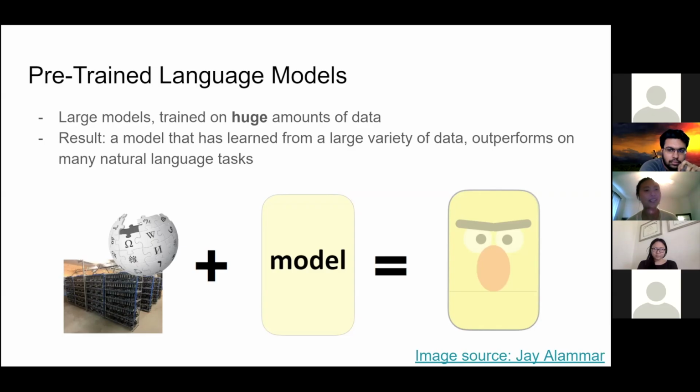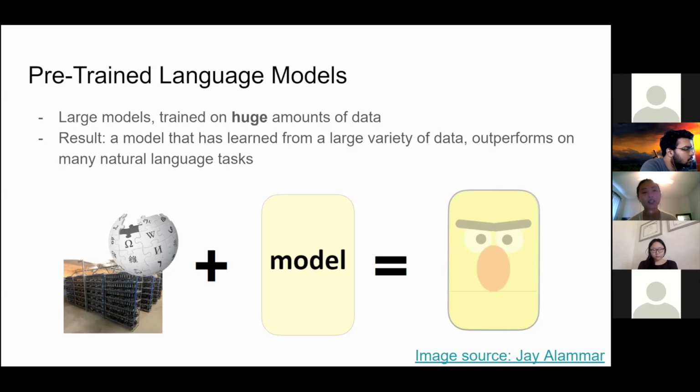When people train these pre-trained language models, they release both the model architecture and the weights, so that you can load this model that already has some sensible information about semantics and about language already learned.